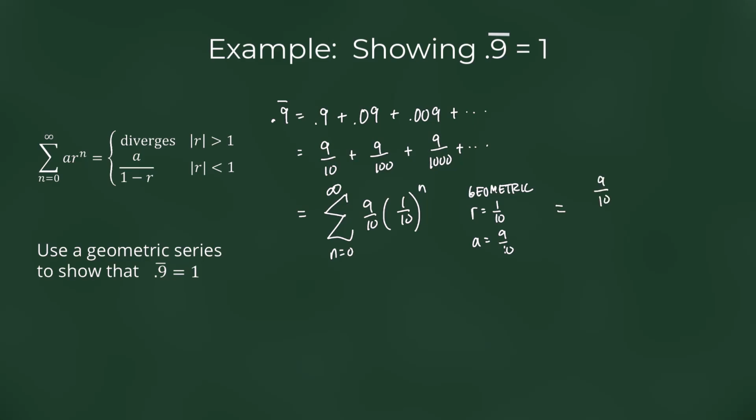That looks like I wrote an a, so let's make it very clear that that is in fact a 9, over 1 minus r, 1 minus 1/10, which is, guess what, 9/10 divided by 9/10, and of course when we divide a number by itself, we get 1. So we have shown that 0.9 repeating and 1 are in fact identically equal to each other.